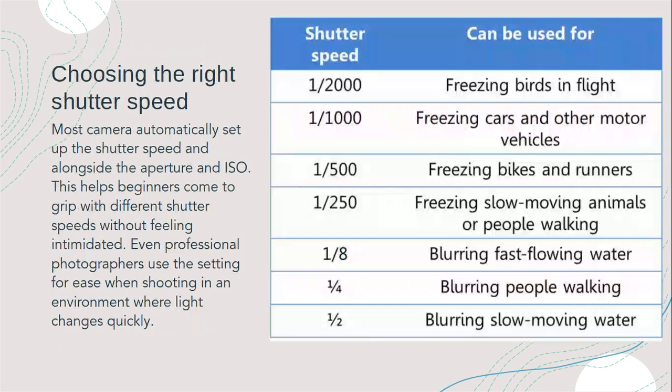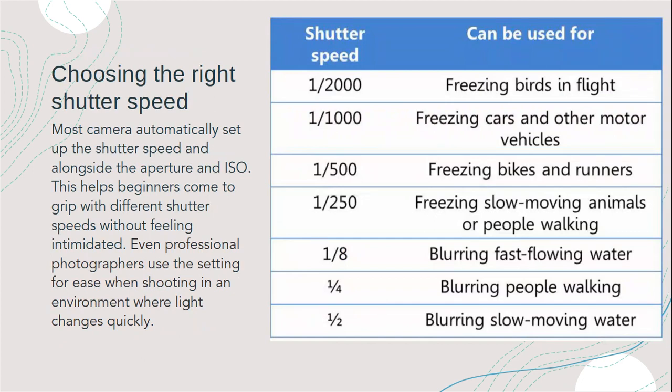So, choosing the right shutter speed. Most cameras have automatic settings for everything, including shutter speed, aperture, and ISO.